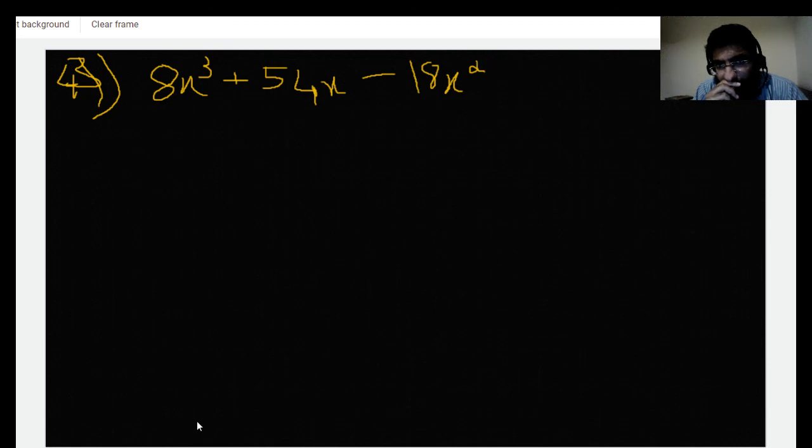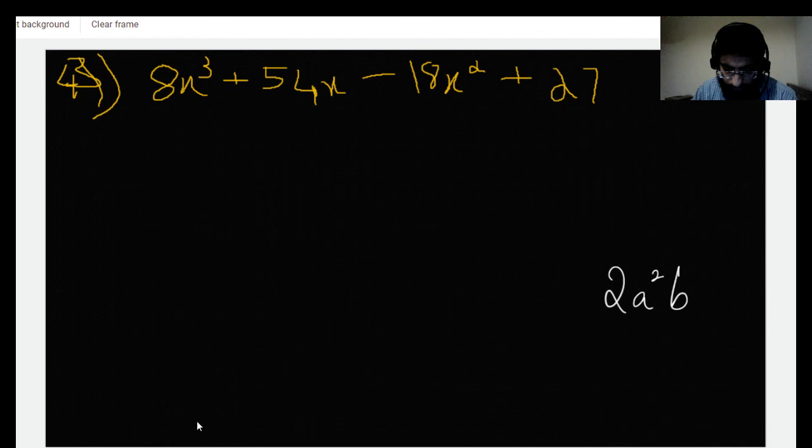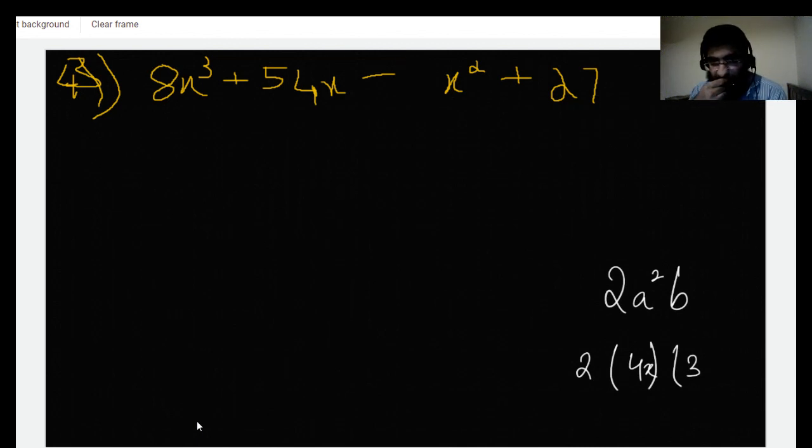And then plus 2a squared b, 2 into 4 into 3. Two fours are 8, 8 into 3 is 24.